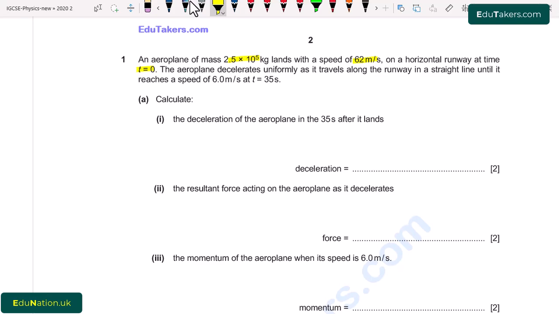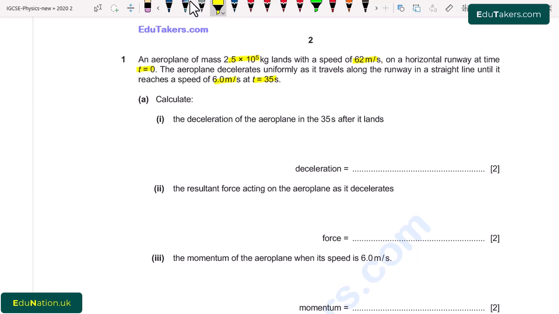The aeroplane decelerates uniformly as it travels along the runway in a straight line till it reaches a speed of 6 meters per second at t = 35 seconds. So, after t = 35 seconds, the speed comes to 6 meters per second.